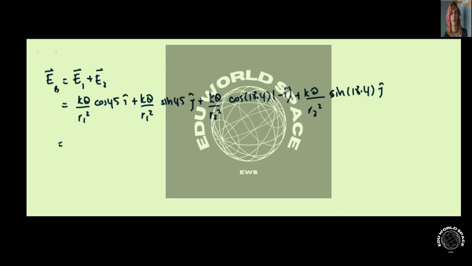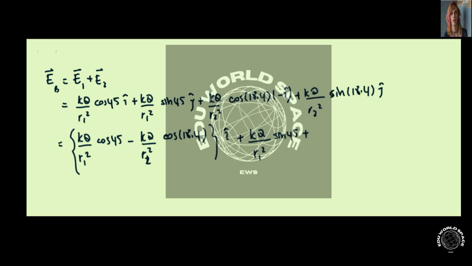Now let's group the x components: kq over r1 squared cosine 45 minus kq over r2 squared cosine 18.4, this is the i hat component, plus kq over r1 squared sine 45 plus kq over r2 squared sine 18.4 j hat.